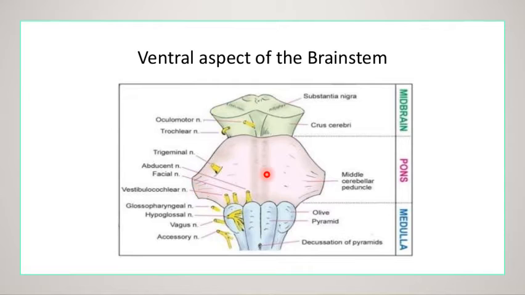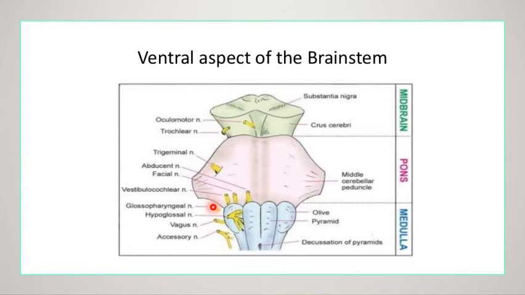The trigeminal nerve emerges from the anterior surface, and the point of this emergence is taken as a landmark to define the plane of junction between pons and the middle cerebellar peduncle. So when this part is located, where the trigeminal nerve is seen projecting out, we say this is the plane of junction between pons and the middle cerebellar peduncle.